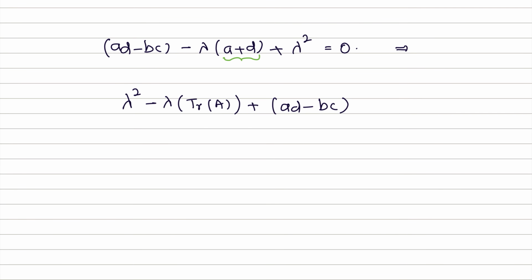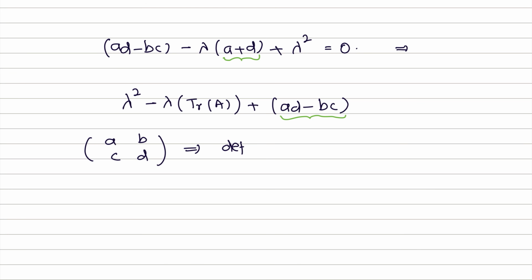And another important thing here we have to make a note. What is this AD minus BC? Expect something from it. From the definitions of matrix A, B, C, D, what is the determinant?